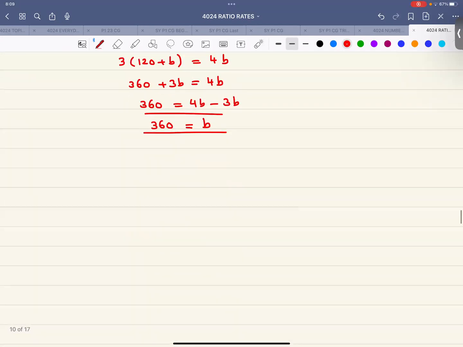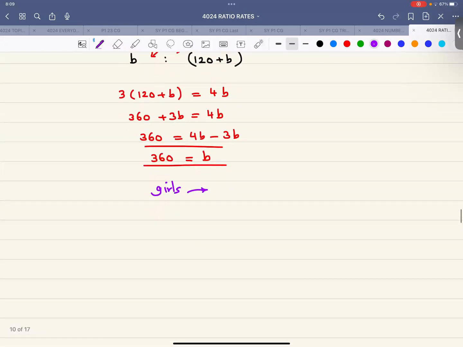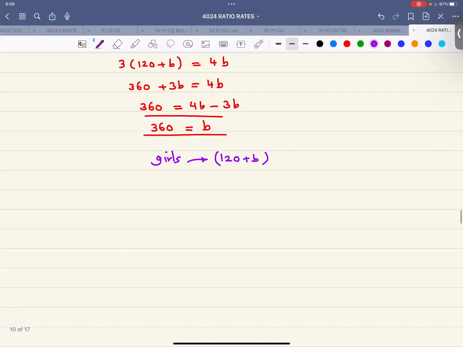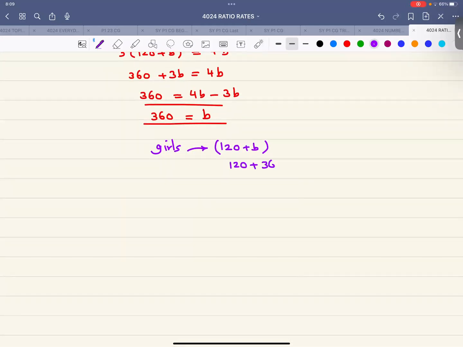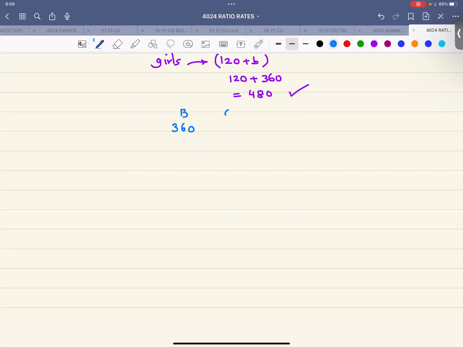The symbol I have used is B plus 120, or 120 plus B. So boys is 360, girls is 480. Let's first double check the ratio: cancel off the zeros, divide by 12, divide by 12, that is 3:4. So I have already double checked the answer.